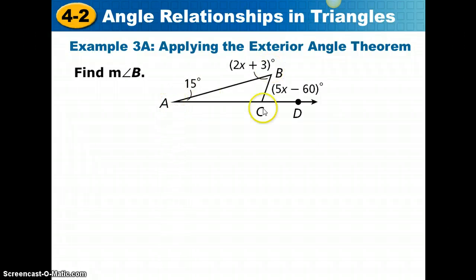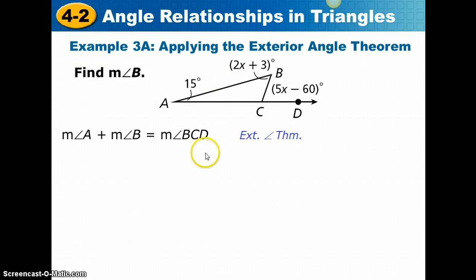We have triangle ABC drawn where we extend side AC through point D to get this exterior angle BCD. The remote interior angles at A and B are given with these expressions. The exterior angle theorem states that the measure of this exterior angle must equal the sum of the measures of its remote interior angles.